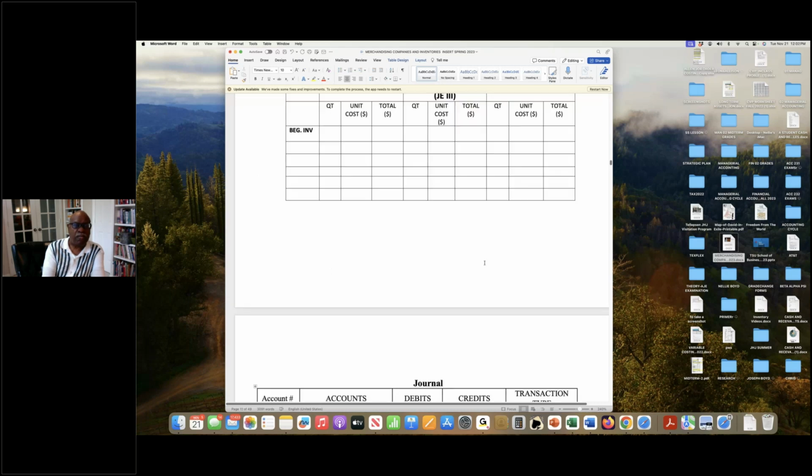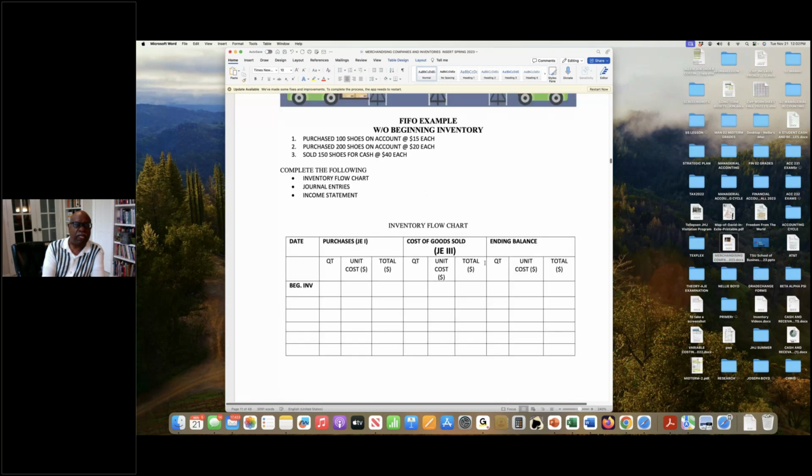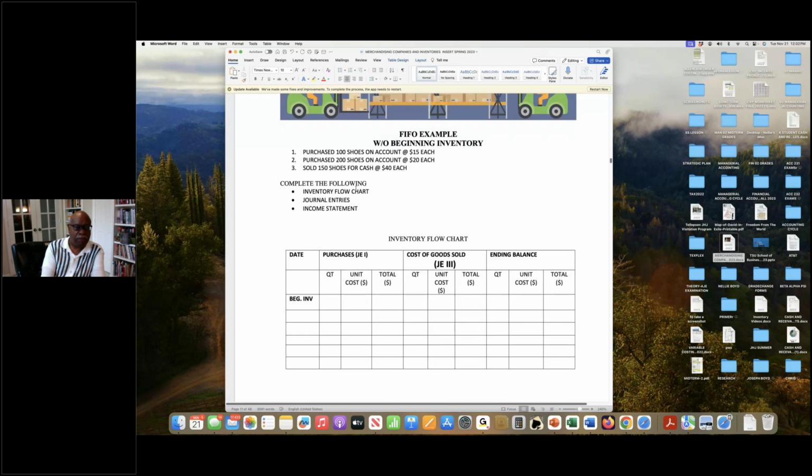We bought 100 at 15, 200 at 20. This purchase journal entry we're going to put on our flow chart, because when we have a lot of transactions and we keep going, we need this flow chart to keep track of it. So we're going to put 100 on here. The cost is $1,500. Then we move this over to the balance column, what we have available for sale.